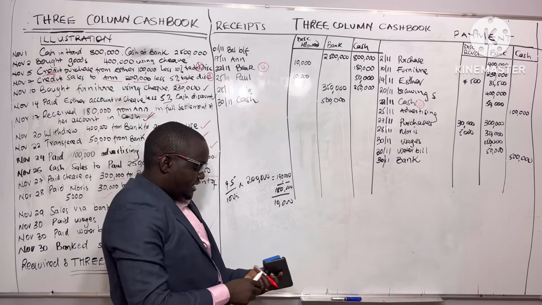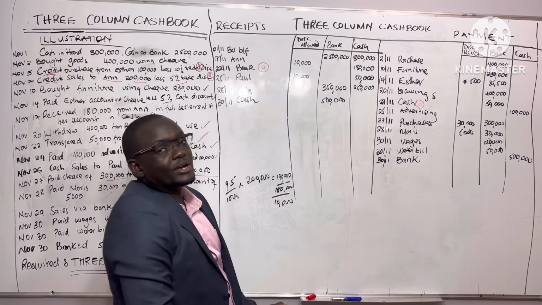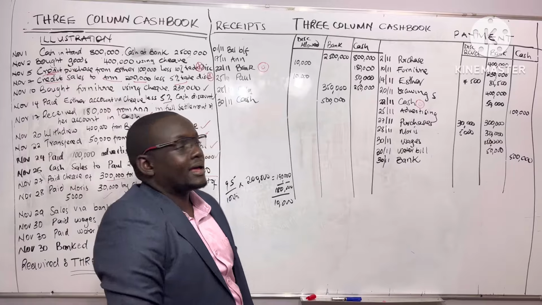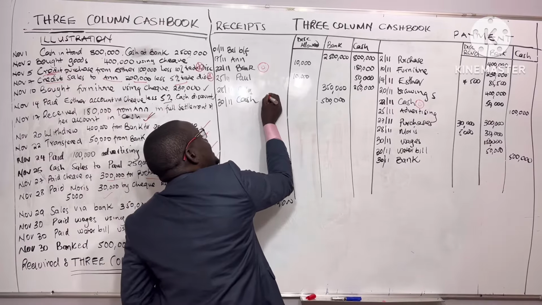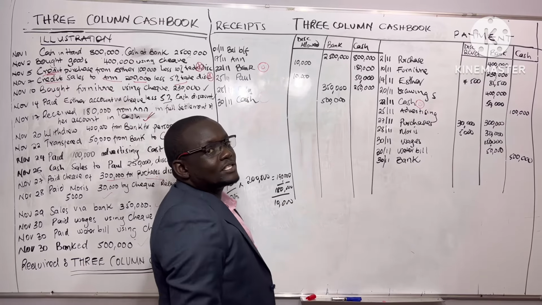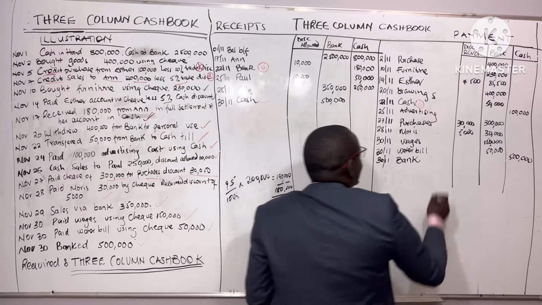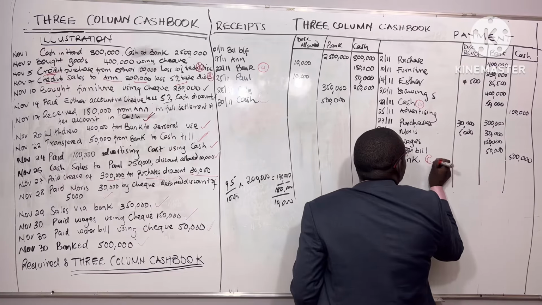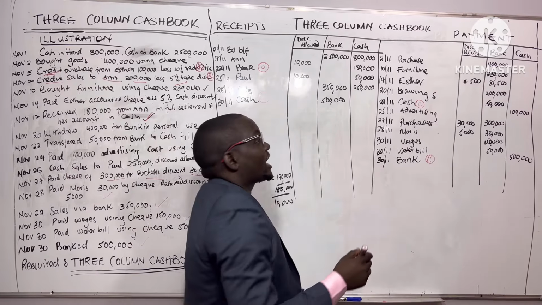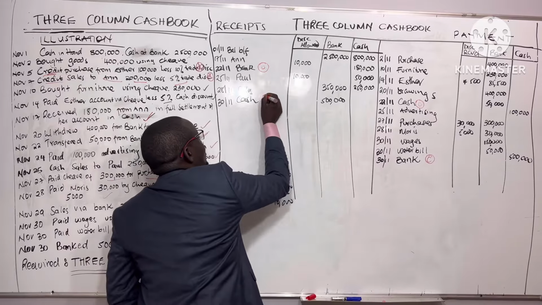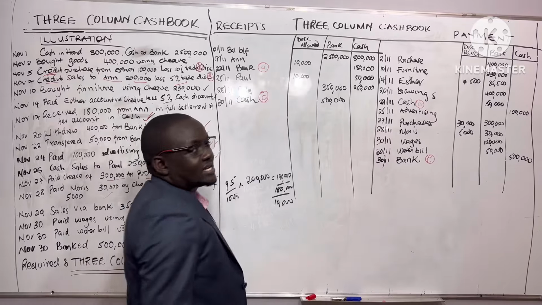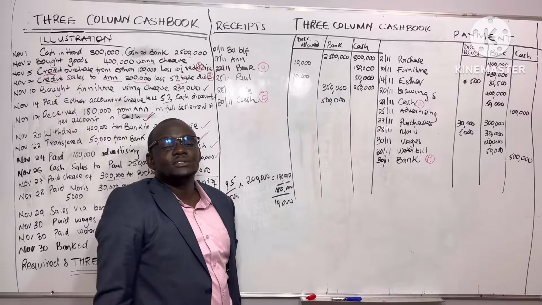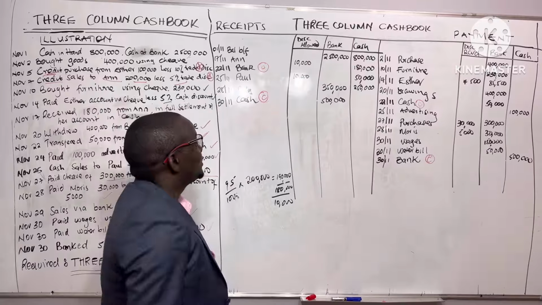So after we write that, we show it is a contra entry. We have C to mean it affects both sides of the cash book.